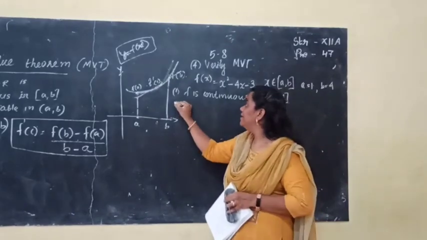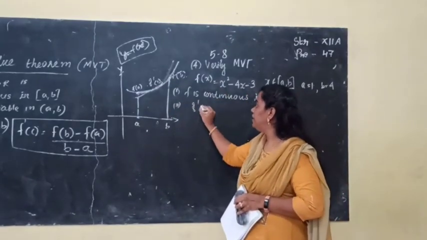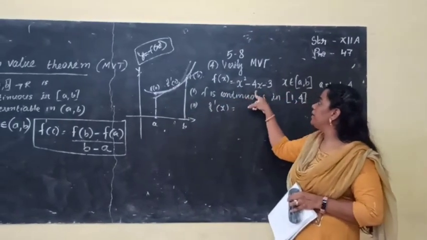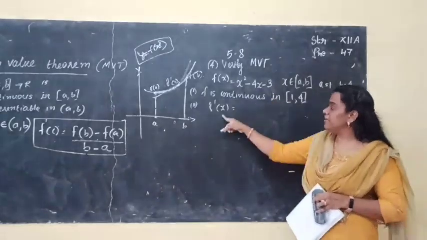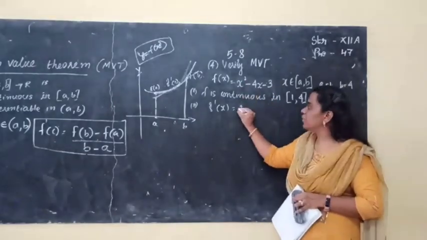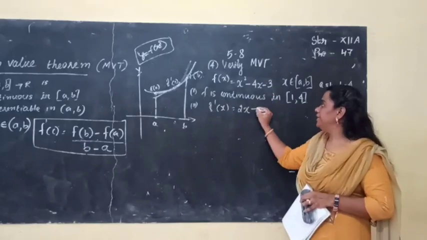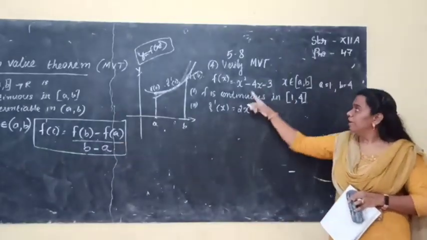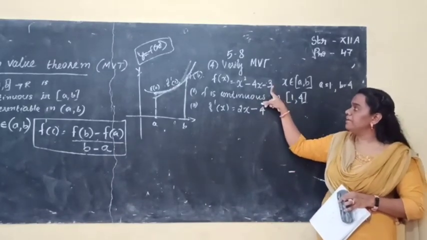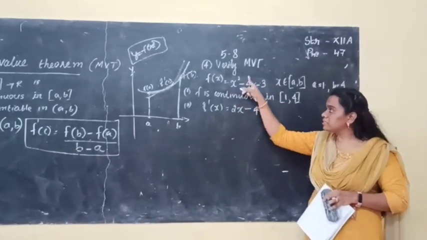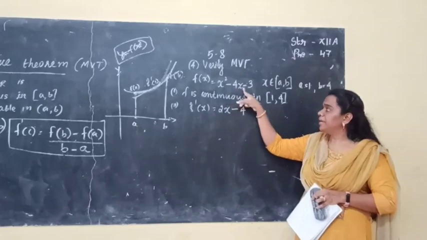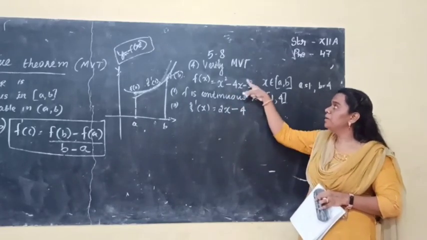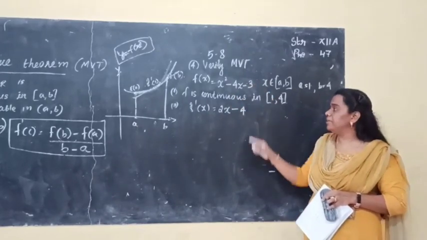And for the second condition, we can check whether it is differentiable. f of x is x square minus 4x minus 3. Then what is f dash x? x square derivative is 2x, minus 4x derivative is minus 4, and minus 3 derivative is 0.